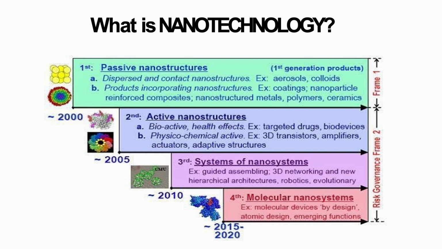Then around 2010, we are talking about systems of nanosystems like guided assembling. These are 3D networking and new hierarchical architectures. We talk about robotics, and of course we talk about evolutionary, I would say, nanosystems. These are ideas, obviously, here.